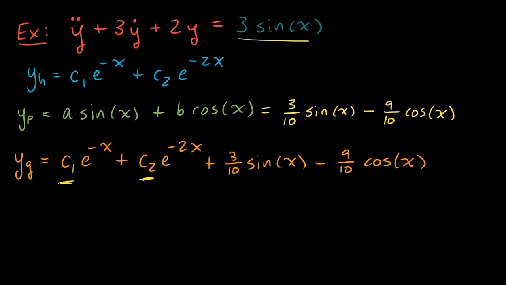All right, so the final point I do want to make is that for these examples, we had a right-hand side that the first time was an e to the x functional relationship, the second time looked like a quadratic or polynomial form, and this time it was a trig form.